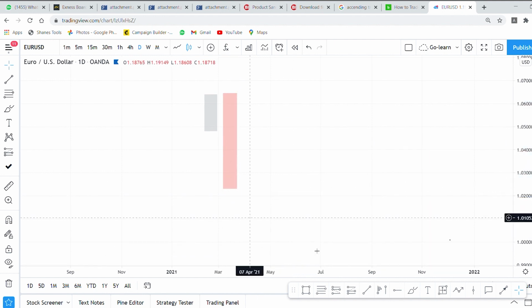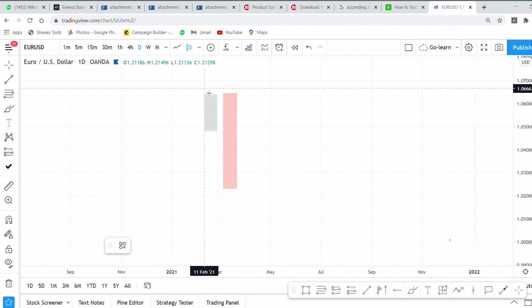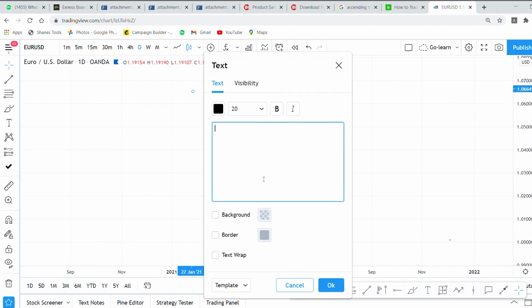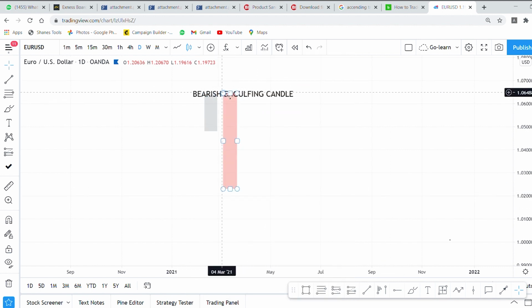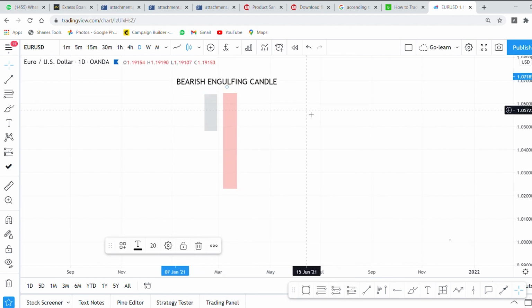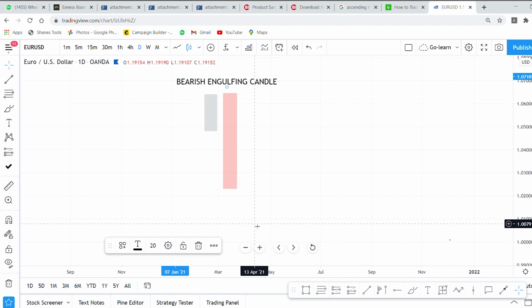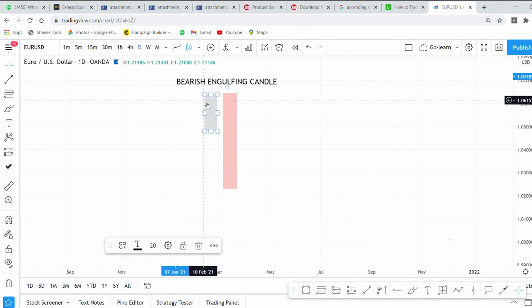This is a bearish engulfing candle. The same principle works for it also, whereby there are probably buyers in the market, and then the sellers hopped in, sold their major position and drove price lower.